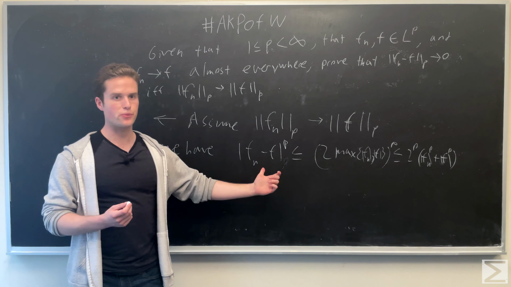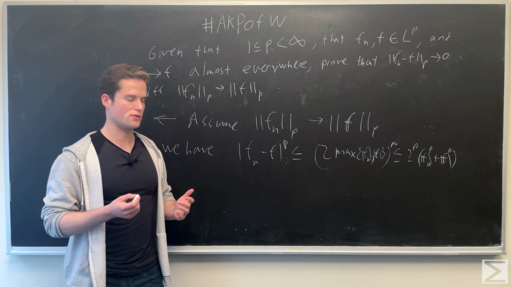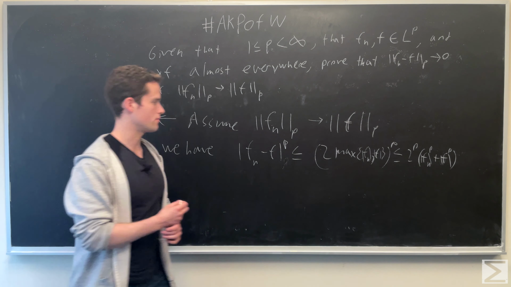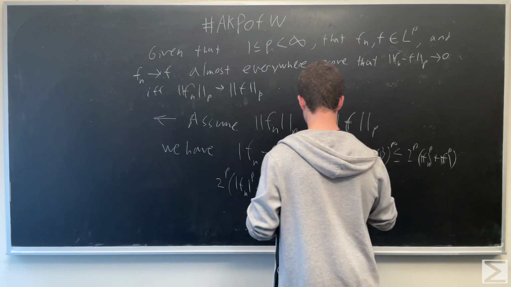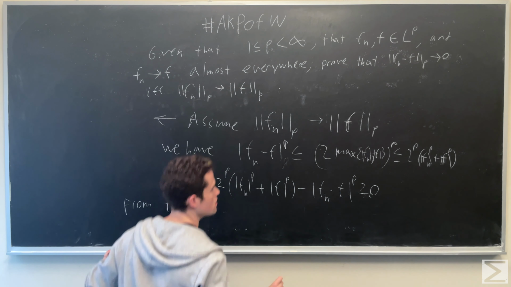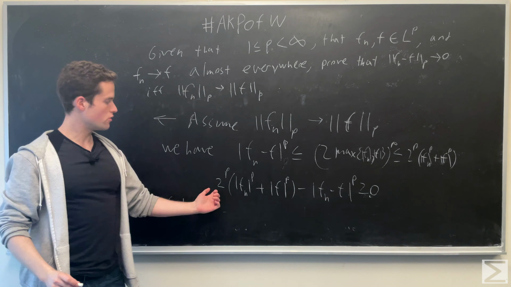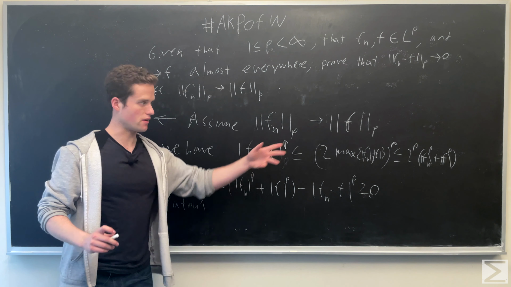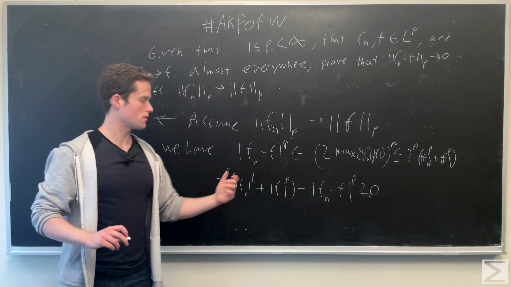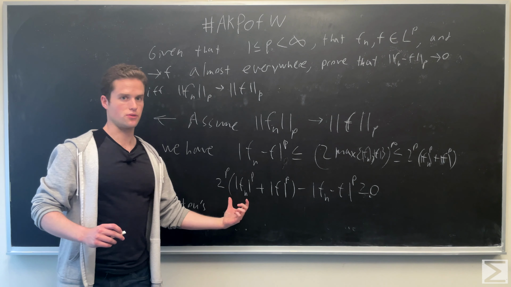And for this bound, we can find a sequence of functions that's always going to be positive. So we're going to consider 2 to the p times the absolute value of f_n to the p plus the absolute value of f to the p, the thing on the right, minus the thing on the left. By our inequality, this is always going to be greater than or equal to 0.